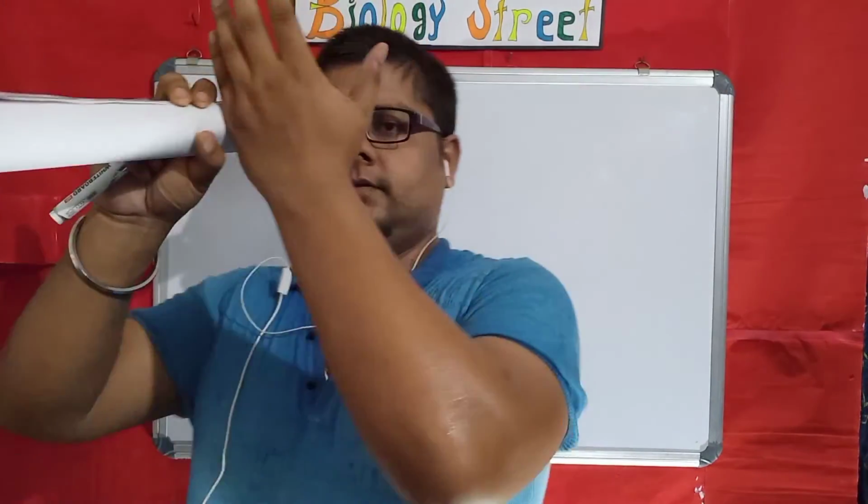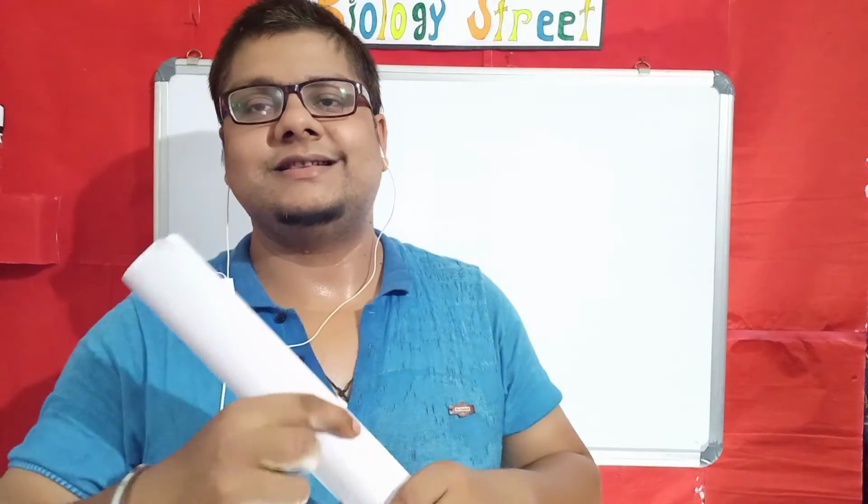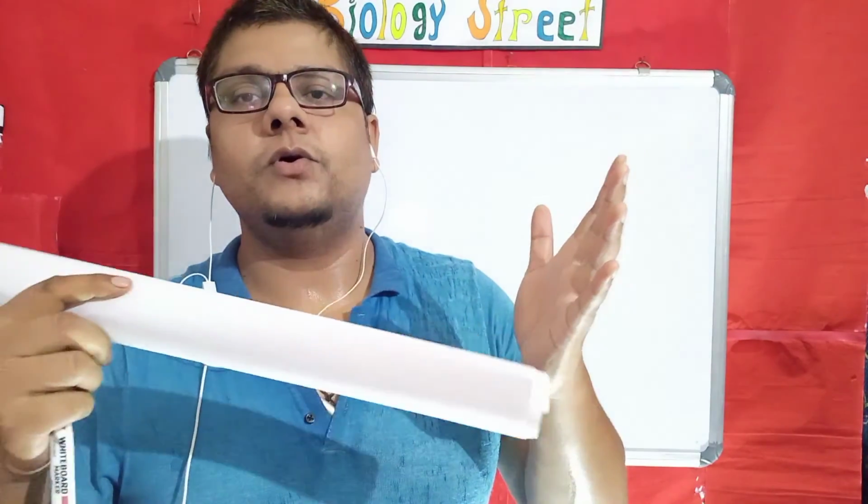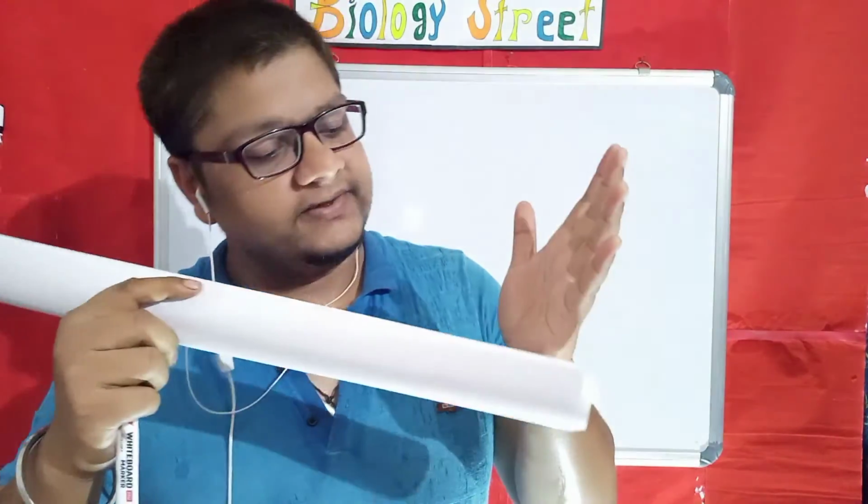Now what will you see? You are watching two different views, but your brain is bound to make only one view. That's why it will give you a view such that there is a hole within your palm, or beside your palm, because our view is stereoscopic, which is also called binocular view.